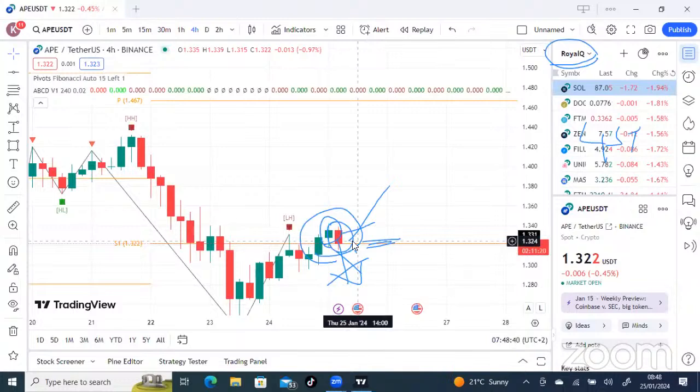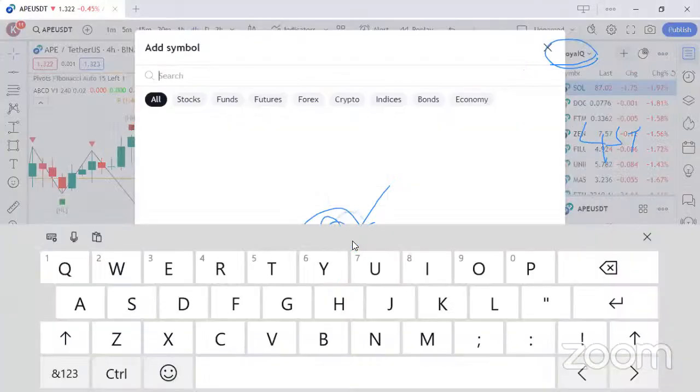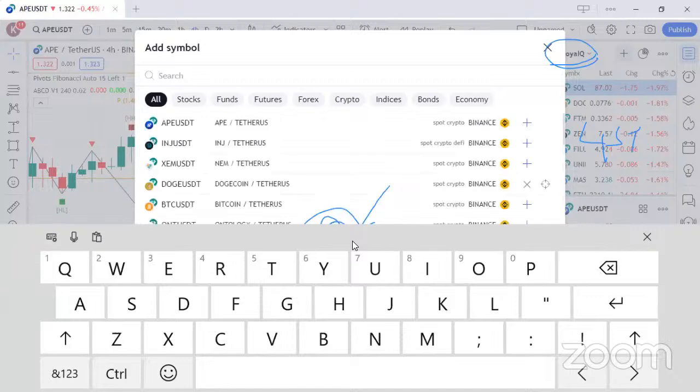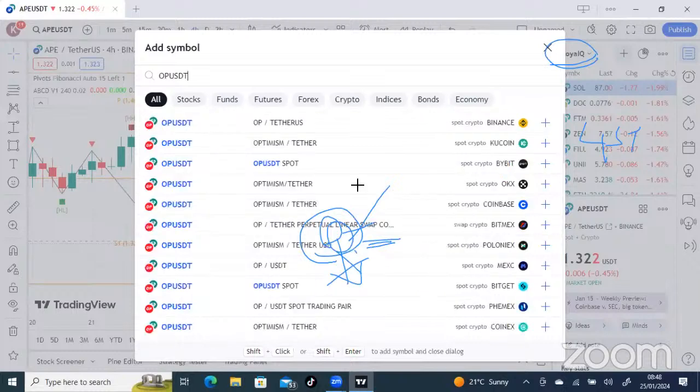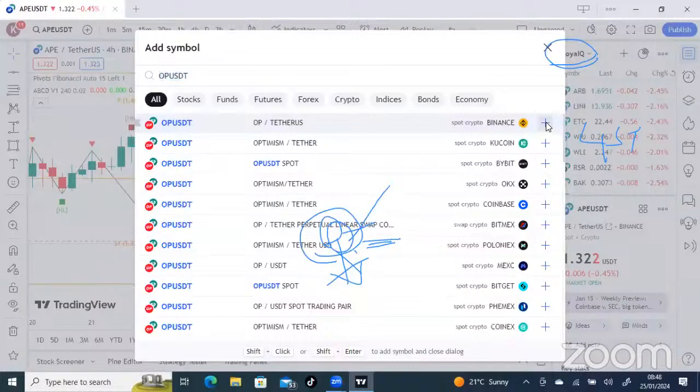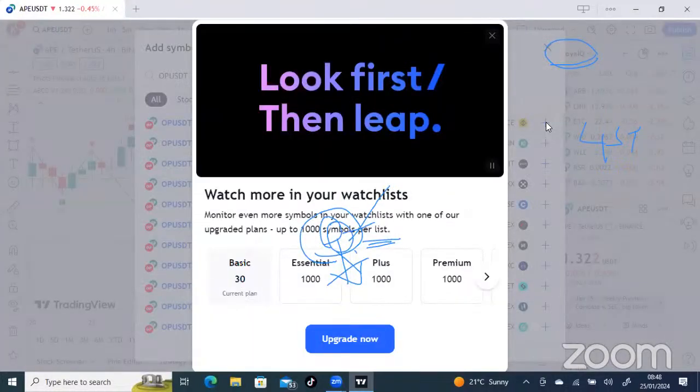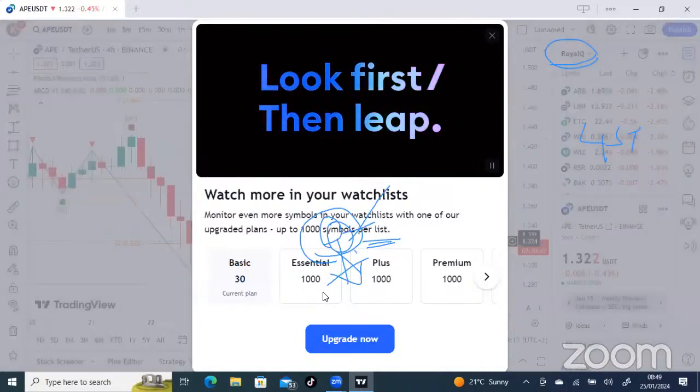Either way, I want to add these new coins that were introduced by Royal Q yesterday. But TradingView these days is very stubborn. It wants you to pay. No way. Essential, 1,000.